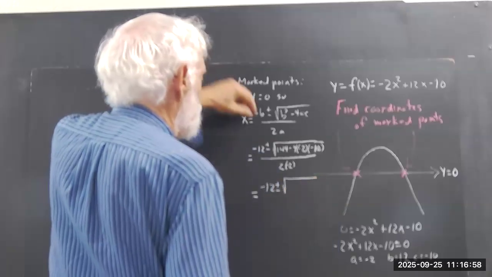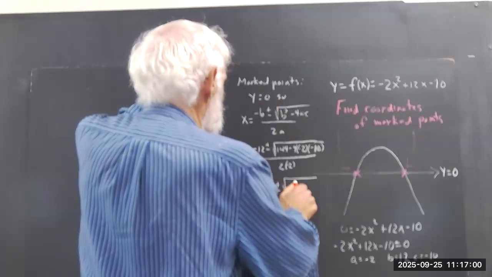If I work this out, this is 144 minus 80, which is 64.